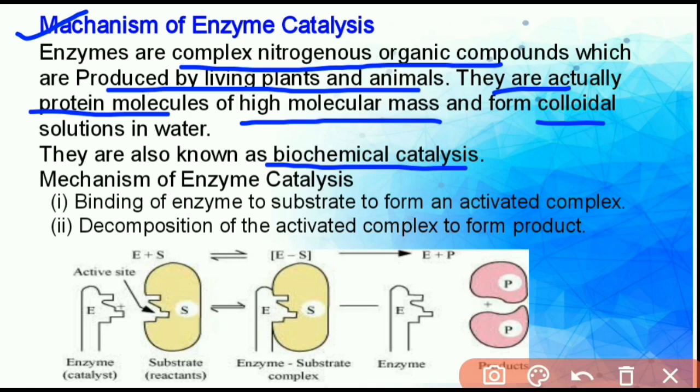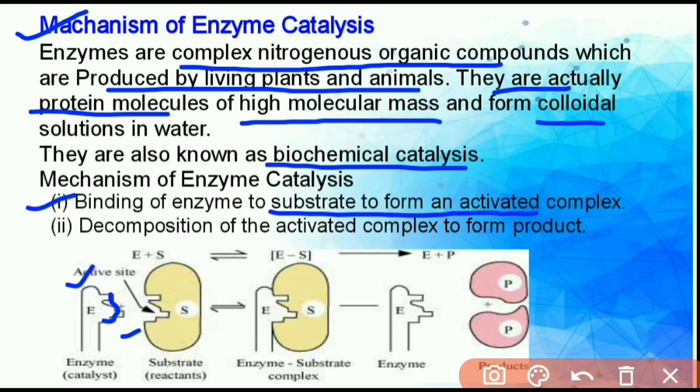The enzyme catalysis mechanism occurs in two steps. First is binding of enzyme to substrate to form the activated complex. See in this picture, on the surface of the colloidal particle of the enzyme, a number of cavities are present. These cavities are characteristic in shape, and they are the active centers on the surface of the enzyme particle.